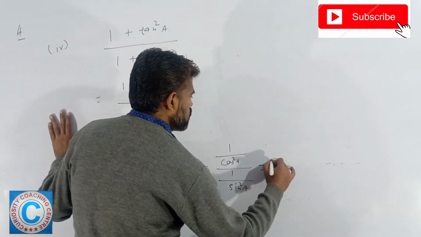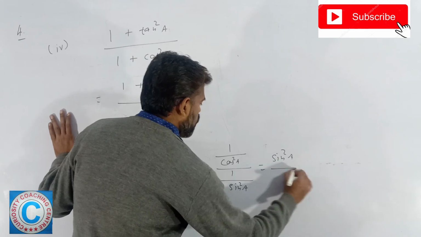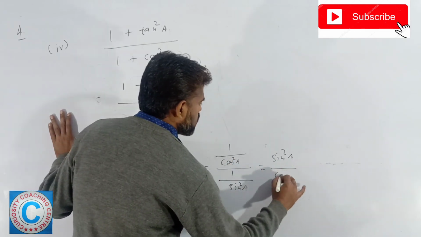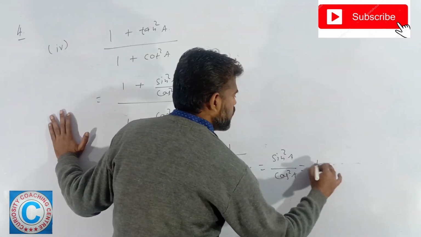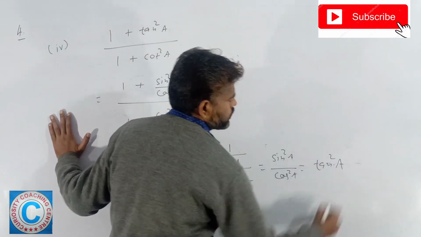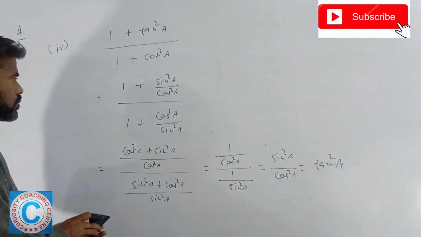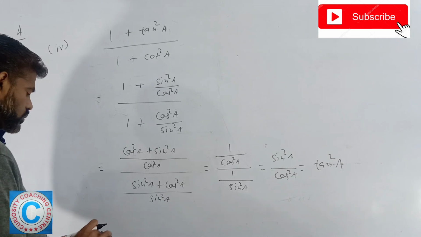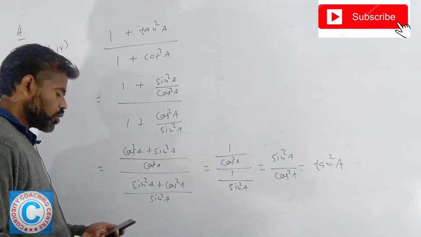This is equal to 1 into sin square A over 1 into cos square A, which is sin square A by cos square A, tan square A. So the correct option is D.